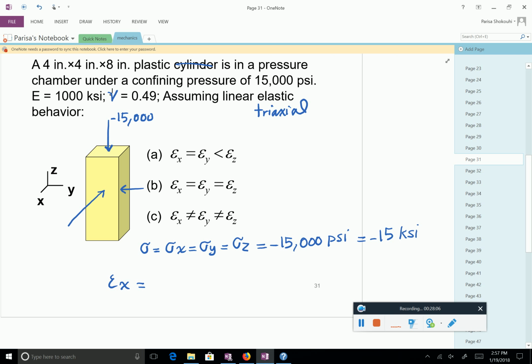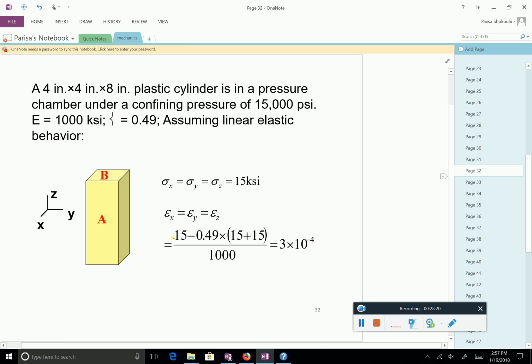How many people say A? B? Great. C? Great. So they're all equal. If you use the generalized Hooke's law, let's use our convention, and I'm writing everything in KSI. So remember the formulation.